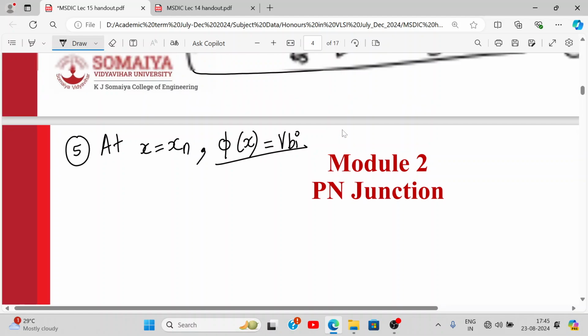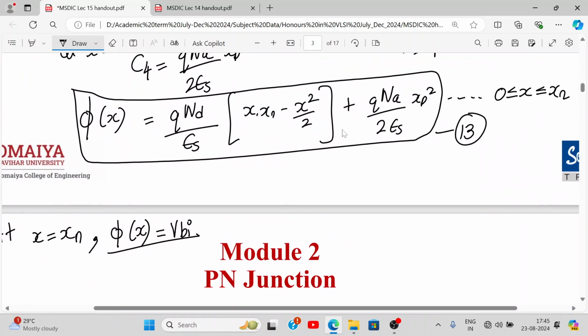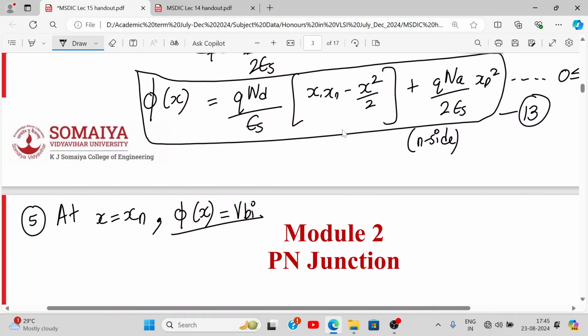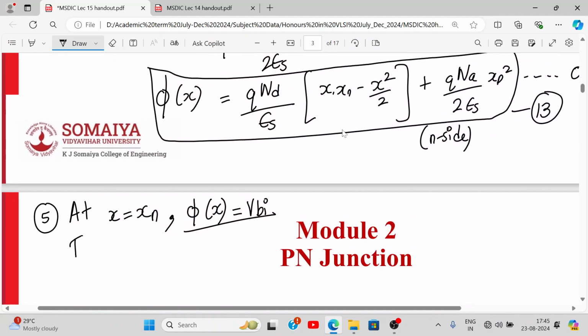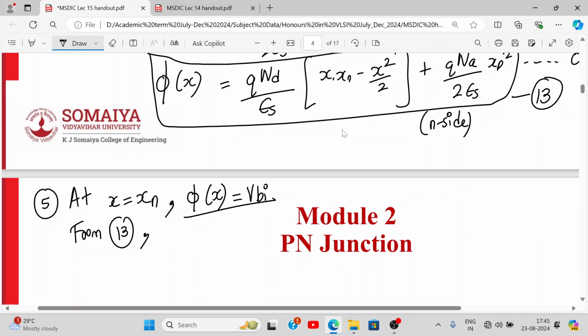This formula is valid for the N side, Nd, so you have to substitute x equal to xn. From equation number 13, substitute x equal to xn. Phi of x at xn will be q upon twice epsilon s, which I am taking out. Here you will get xn square minus xn square by 2, so half xn square, with the 2 already out.